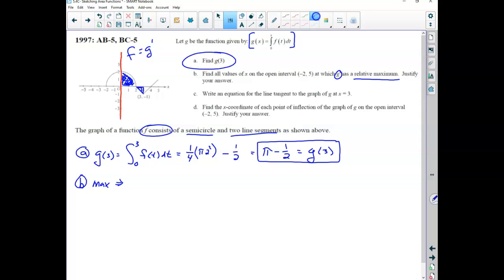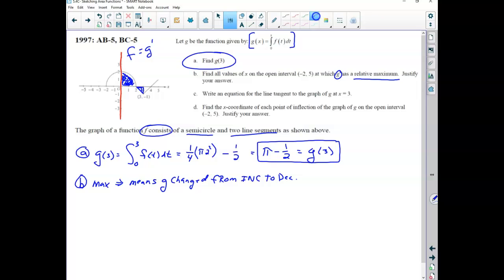I'm looking at g prime. A maximum at g means g changed from increasing to decreasing, right?